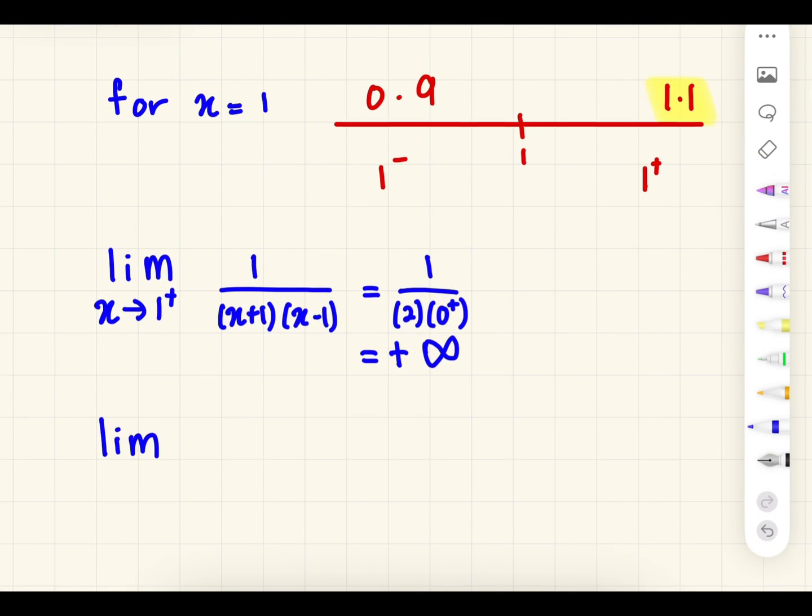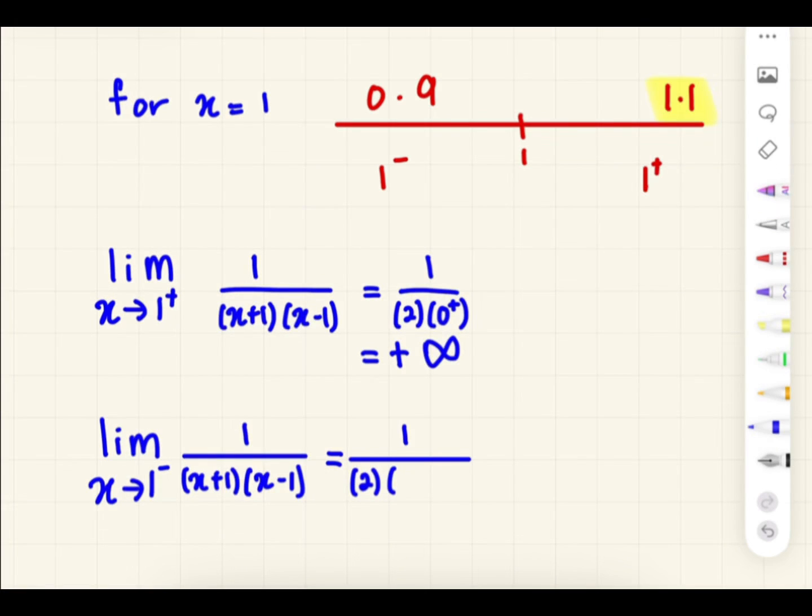So now we need to find one from the left, the limit as x approaches 1 negative of 1 over (x plus 1)(x minus 1), equals, again, 1 over. For x plus 1, 1 plus 1, we will still get 2.